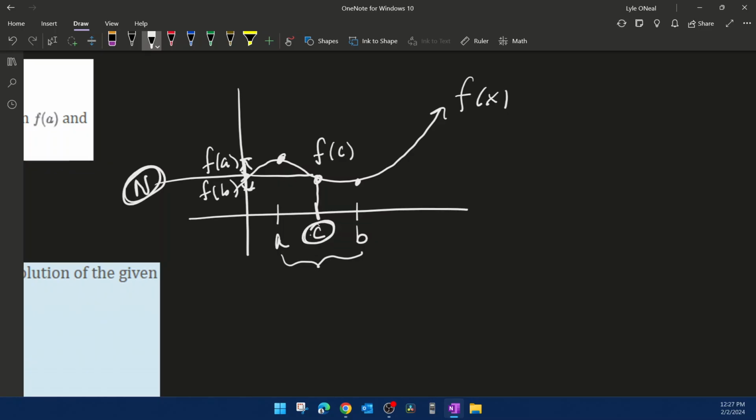There will exist a number between a and b that has the function value of the number that you request.